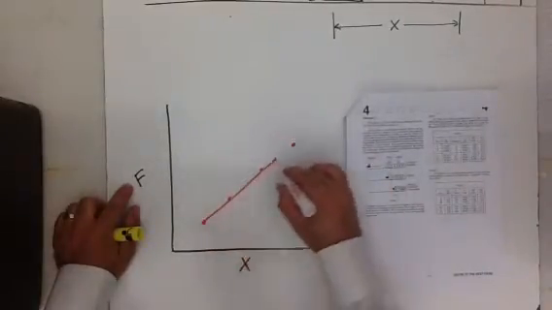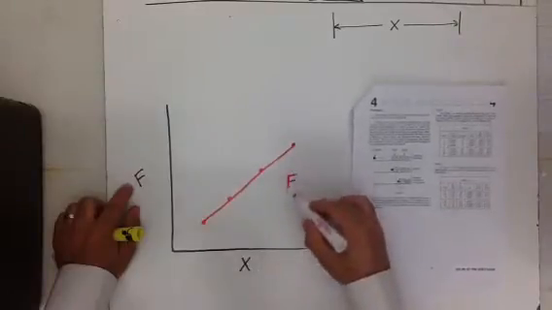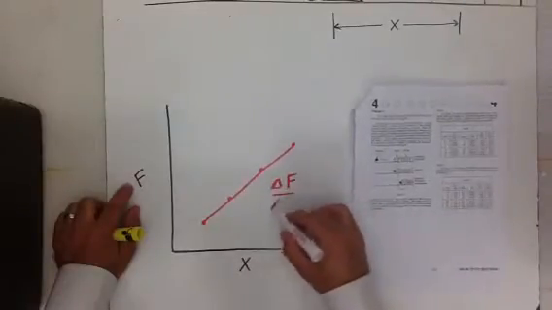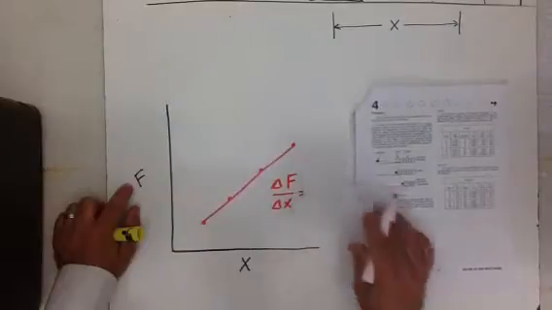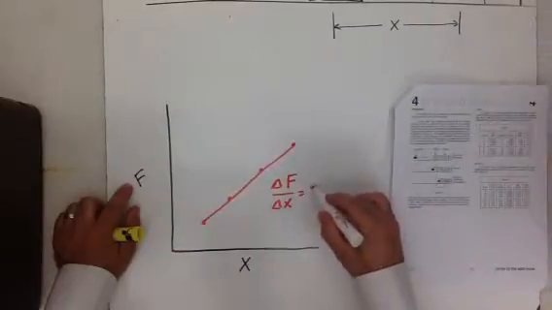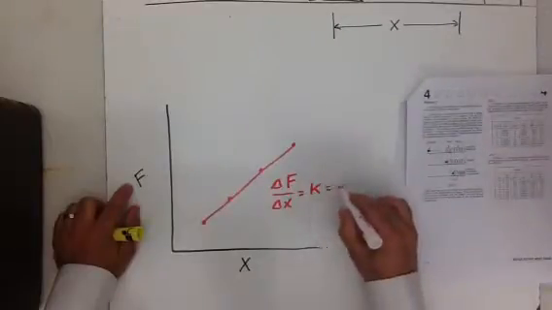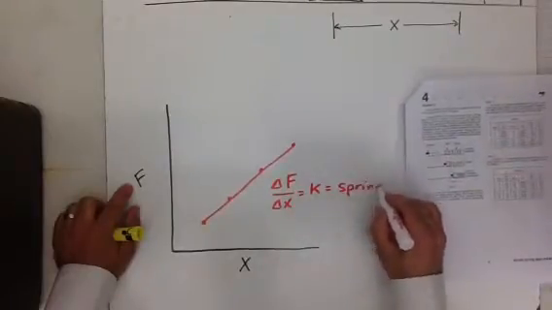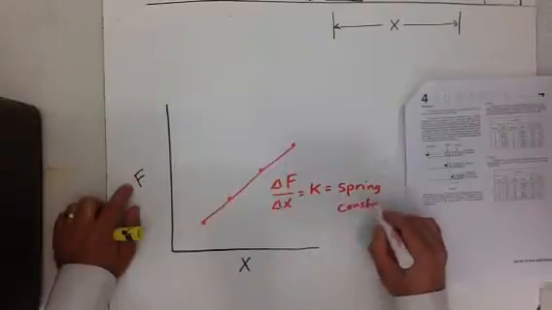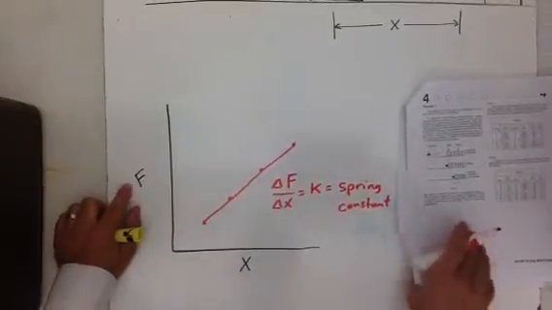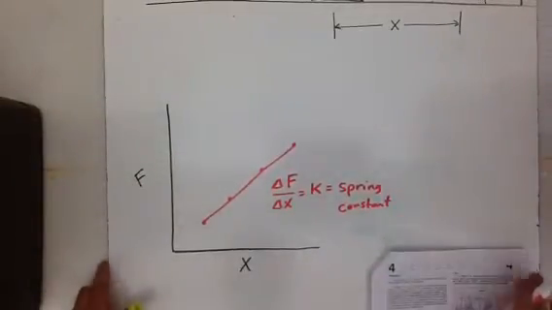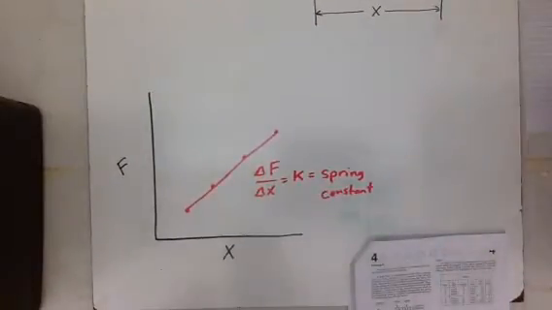When we show our trend line, we have F, change in F per change in X, or displacement, equals the slope, which in this case is a value of K. And K is considered a spring constant. Obviously, some springs are more stiff than others, so their spring constants vary.